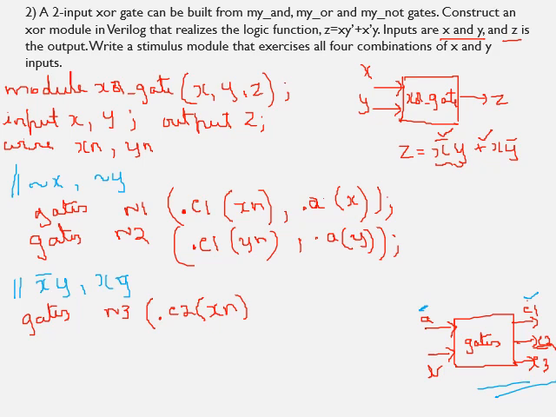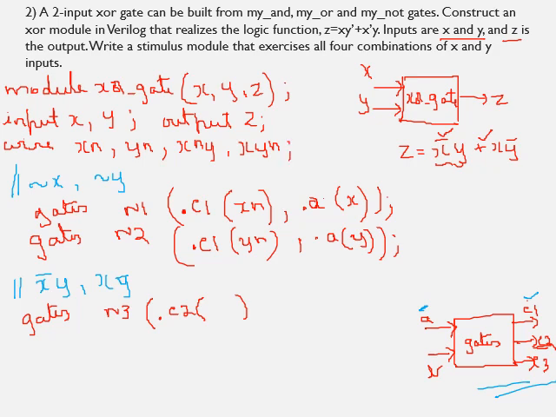Sorry, output here I have to give one more wire, say xny, that is x bar y, and xyn is xy bar. So these two signals I will use.